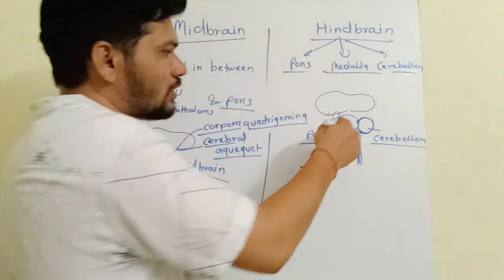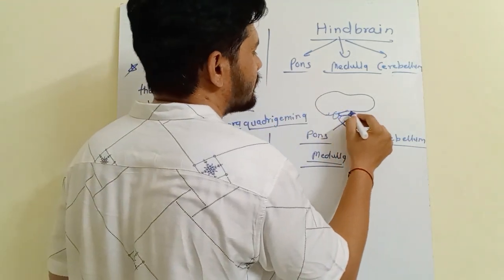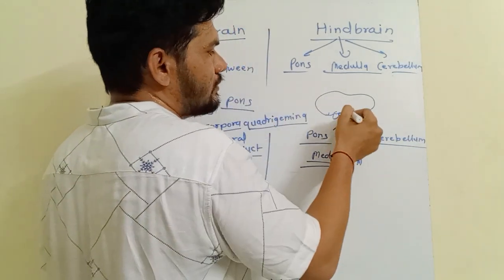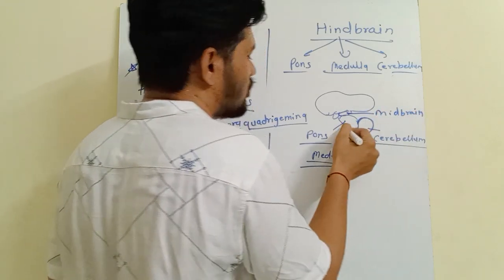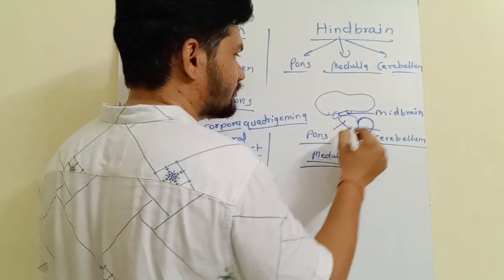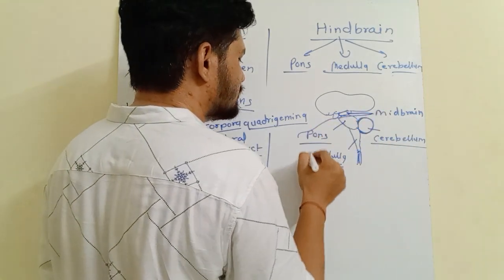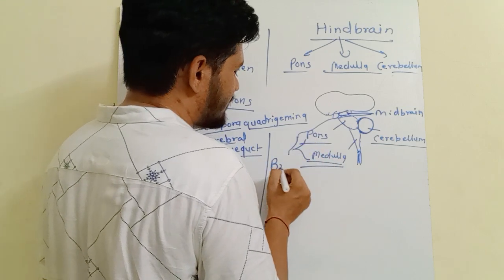Now midbrain, this is midbrain, this is pons, this is medulla. All three things will unite to form brainstem. All three things are collectively called brainstem.